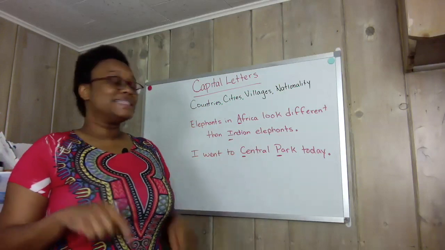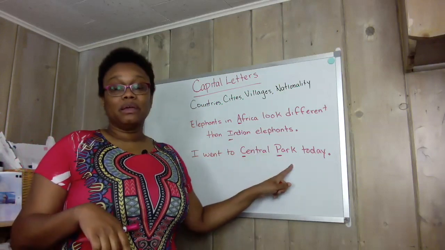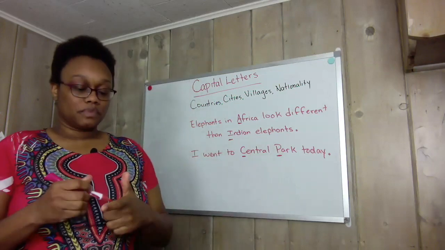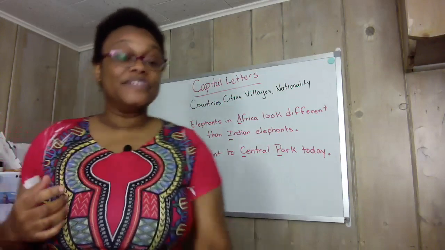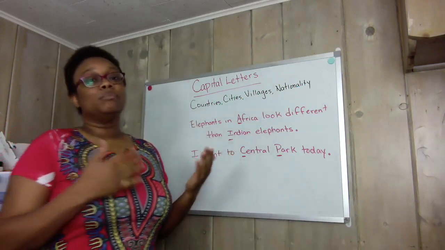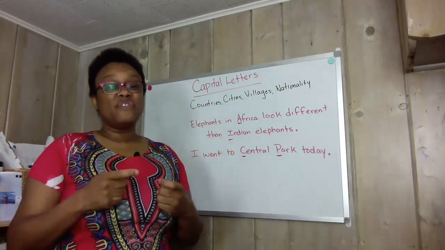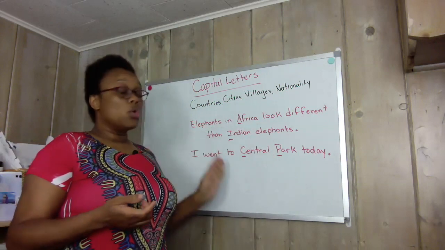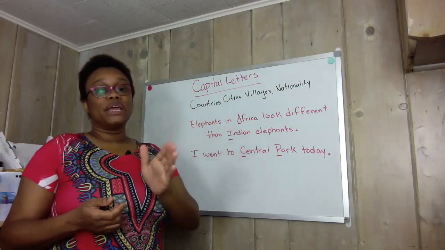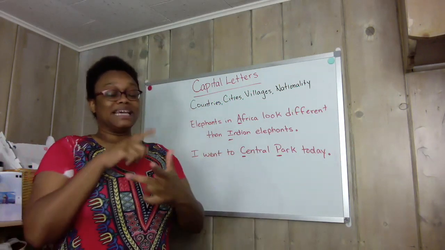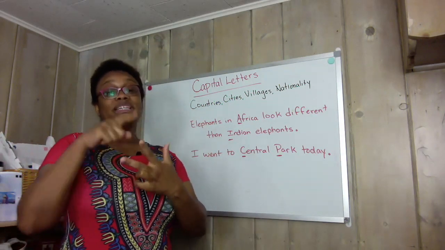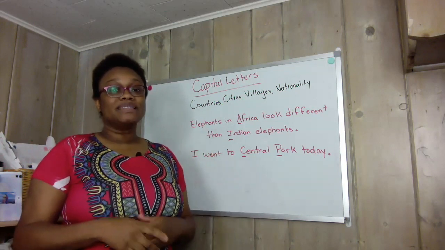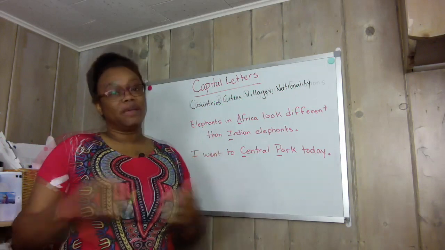I am capitalizing the C and the P because it names a specific place. Or, today I visited the Golden Gate Bridge. I'm naming a specific thing, a specific structure, a bridge. So Golden Gate Bridge. So all three parts, the G in Golden, the G in Gate, and the B in Bridge would be capitalized because it names a specific thing.